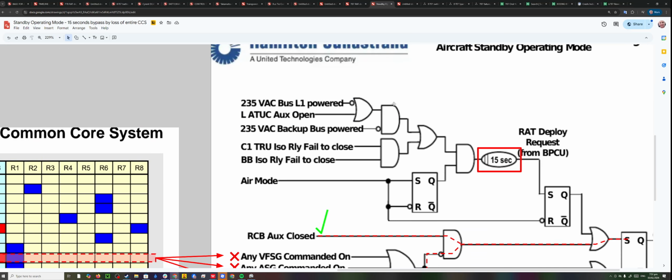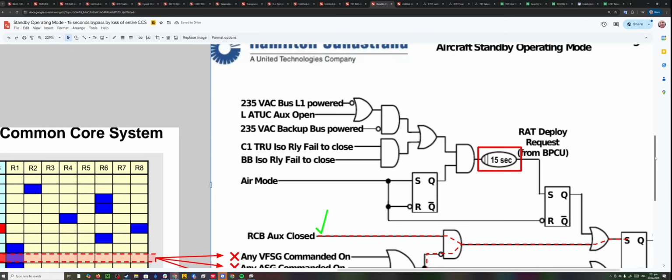So the normal operations would entail a 15-second countdown. And that's to make sure it doesn't deploy the rat unless it absolutely has to. That's because the rat is a gigantic aerodynamic drag. And so it wants to make sure that it doesn't do that unless it really needs to. So it counts down 15 seconds and monitors that.